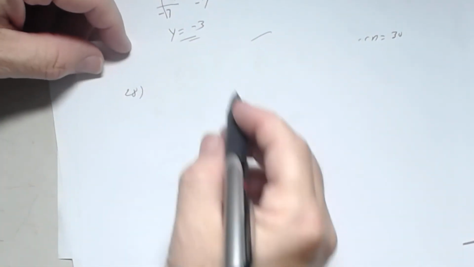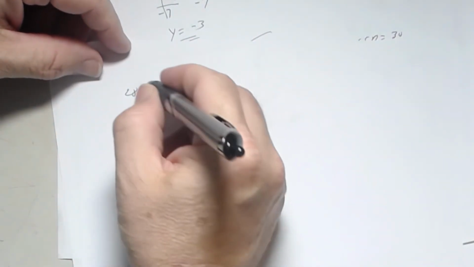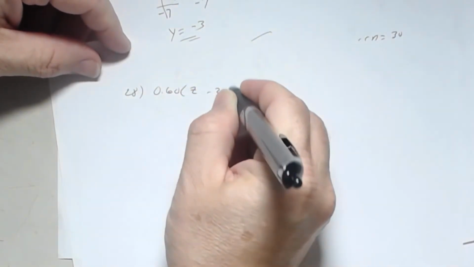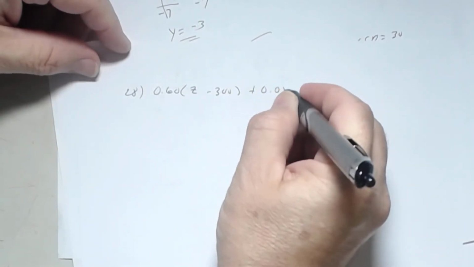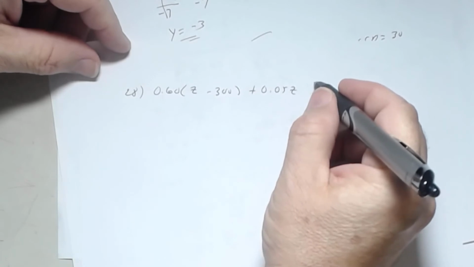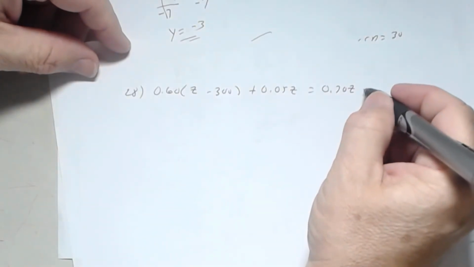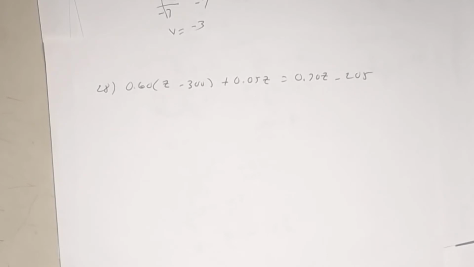All right, so in 28 you have 0.60 times z minus 300 plus 0.05z equals 0.70z minus 205.